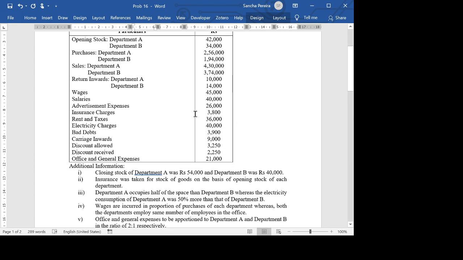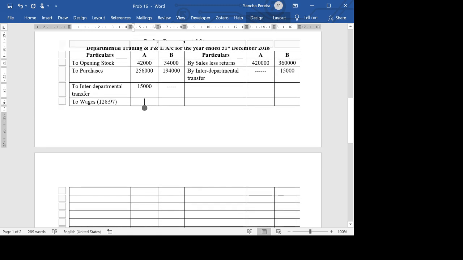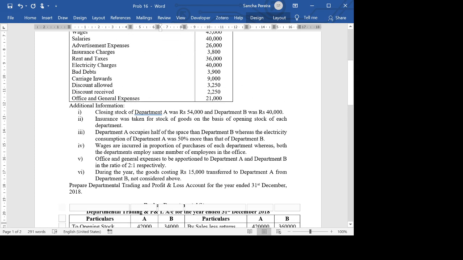If you divide it in that ratio, 128 is to 97, we will get 25,600 and 19,400. So wages have been divided in the ratio of purchases.